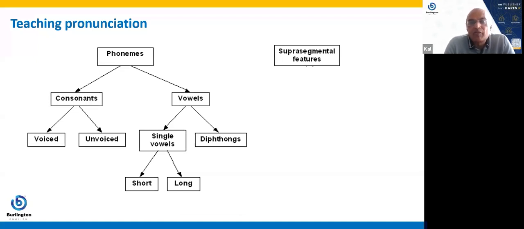What aspects of pronunciation are we talking about with suprasegmental features? Let's give it 10, 15 more seconds. Okay, the emphasis on a particular syllable or word, that's a good point. How they are divided.